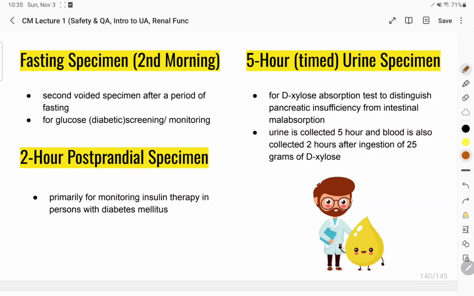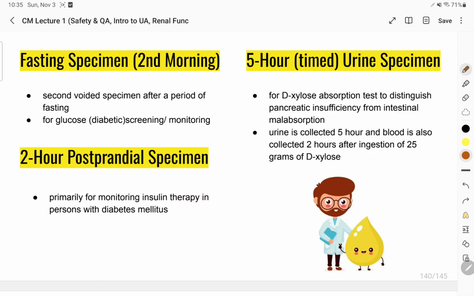So urine is collected 5 hours and blood is also collected 2 hours after ingestion of 25 grams of D-xylose. So 25 grams intake na sa pasyente, and then after 2 hours you collect blood, and after 5 hours you collect the urine.